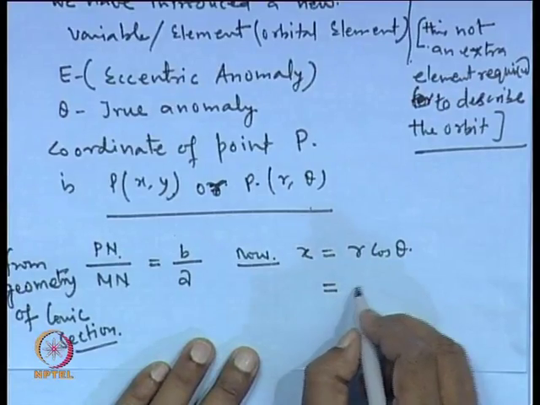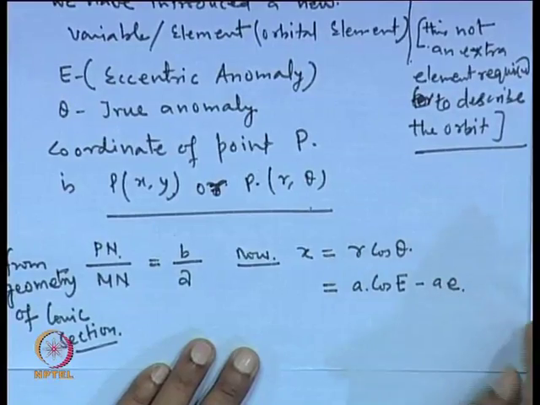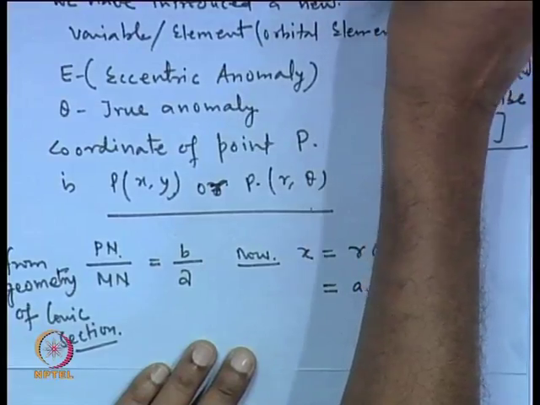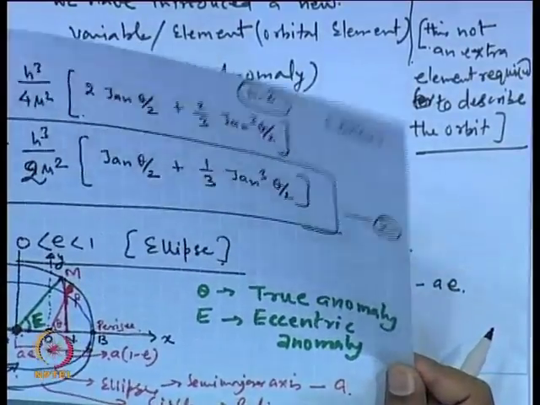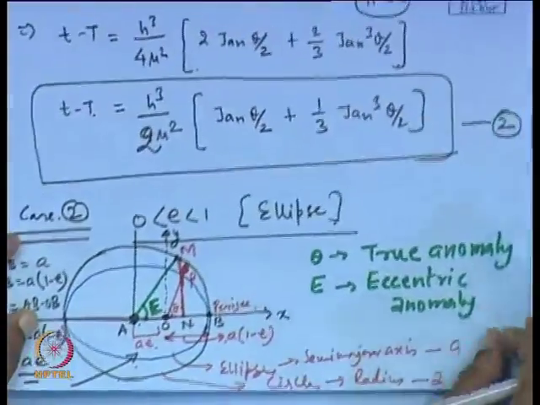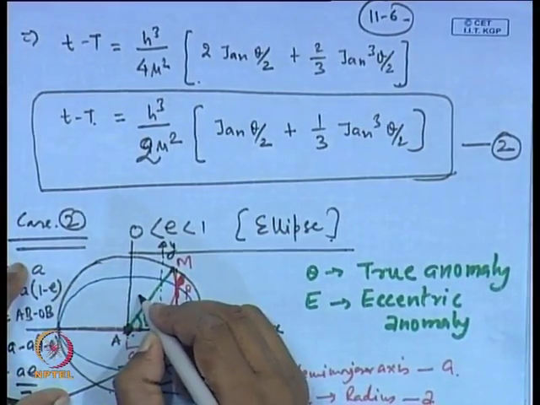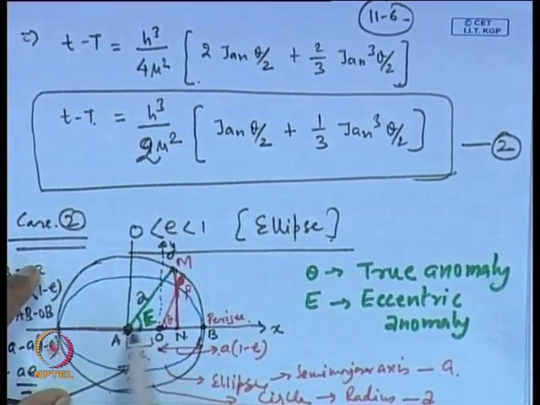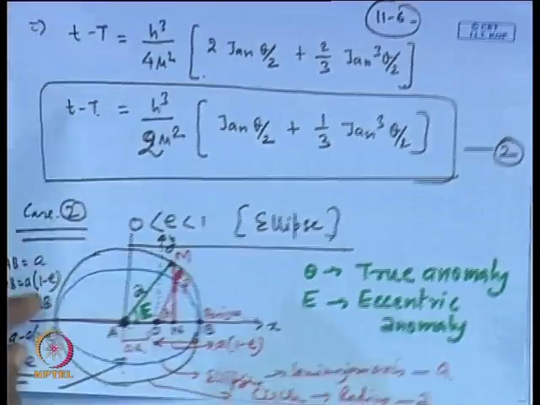So, this can be written as A times cos E minus A E. Here the radius of the circle is nothing but A. So, the projection of this on this axis from here to here is A cos E, and from there we are subtracting the quantity A E, which is the quantity from here to here, and therefore, we are getting O n.